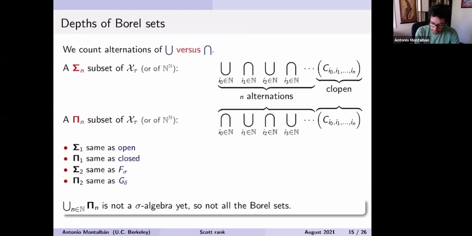And we define the hierarchies of Borel sets, where the Sigma n ones were defined as unions of intersections of unions of intersections, n alternations, starting with clopen, I guess. Sigma 1 is the same as open, Pi 1 is the same as closed. Pi 2 is the same as G delta.